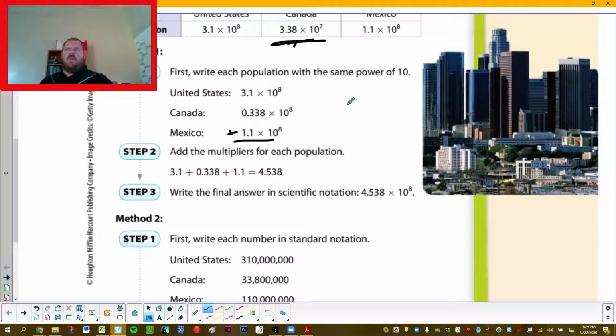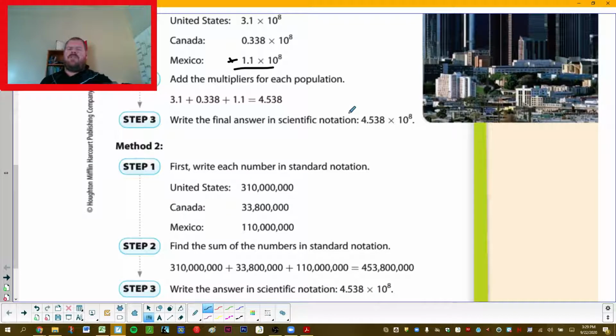Probably the more common way that I see most students doing operations in scientific notation is to first translate everything into standard notation, expanding your scientific notation to give you whatever values they do. This is my 3.1 times 10 to the 8th, this one is my 3.38 times 10 to the 7th, and this is my 1.1 times 10 to the 8th.